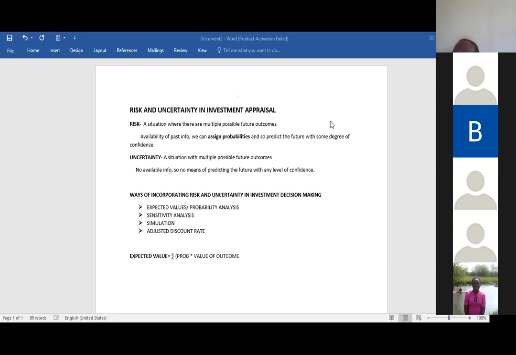There's a 45% probability that it will be strong, a 35% probability that it will be moderate, and a 20% probability that it will be weak. As always, our probabilities sum up to 1: 45 plus 35 plus 20 is 100%, which is 1. And then they've given us 3 values for variable cost, for strong, moderate, and weak.